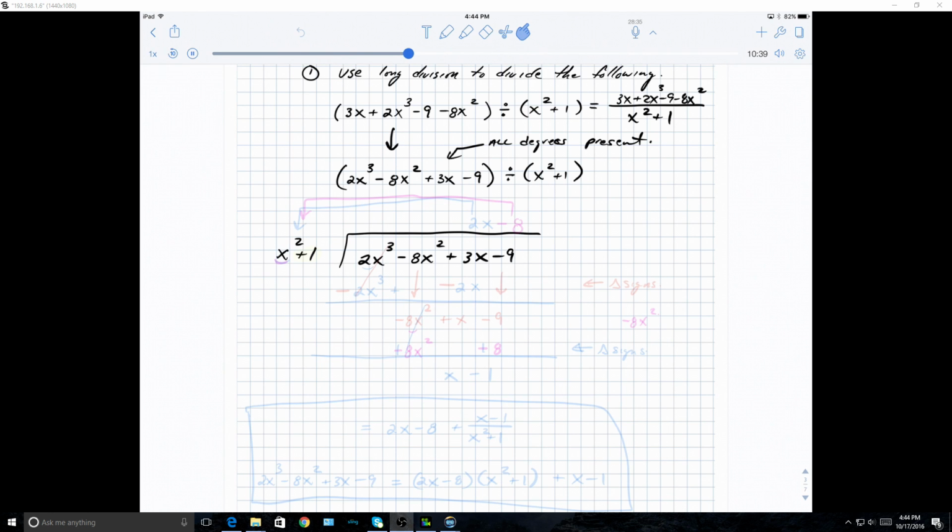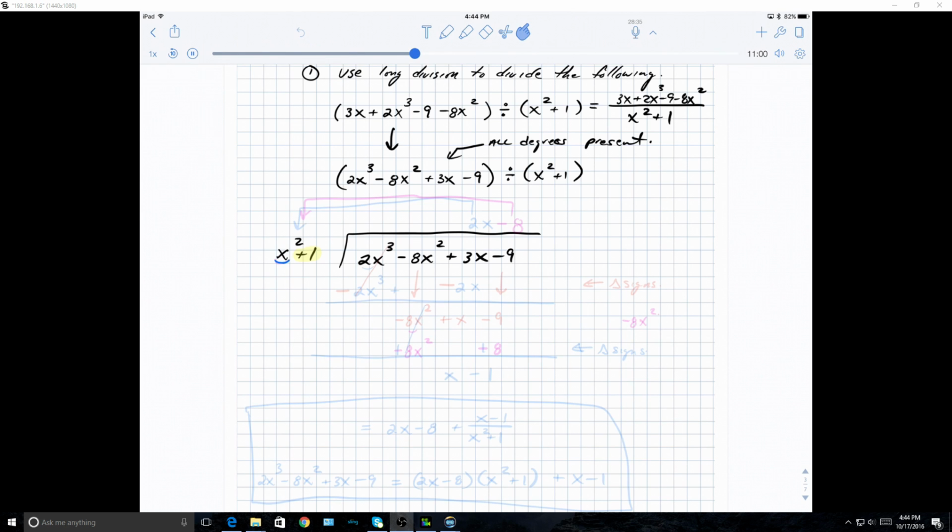Alright, to carry out the long division, what I want you to do is forget that this highlighted version exists, and only focus on the x squared, the first term that you see. Okay? So here we have to ask the same question.